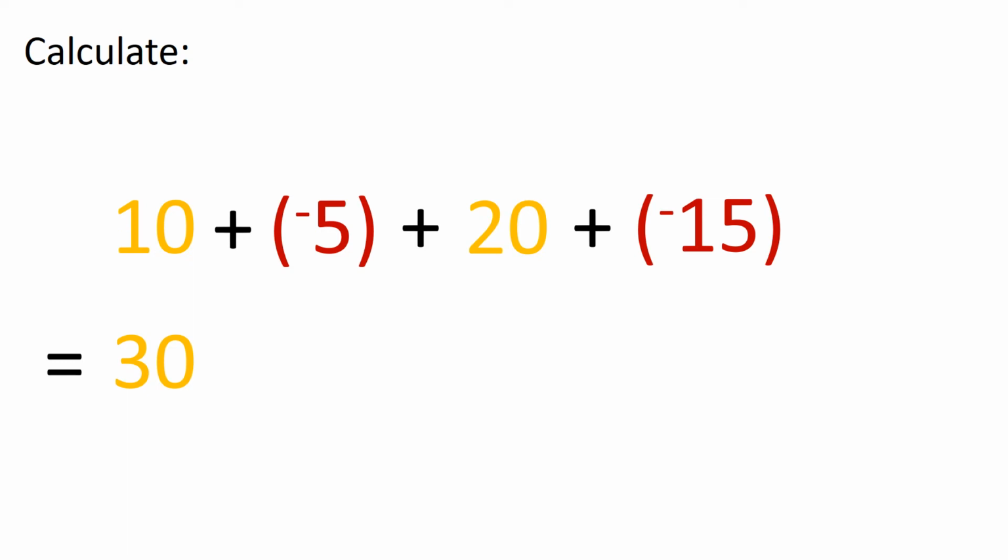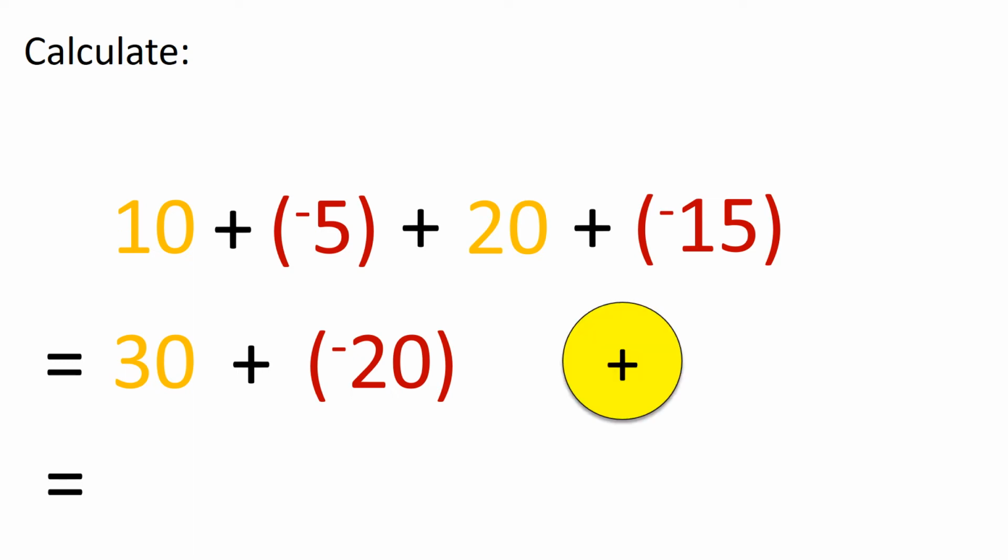If we added those negative numbers together, we would have negative 20. We'd have 20 of those reds. If we then complete the calculation, 30 positives, 20 negatives, that indicates we're going to have 20 zero pairs and we have positive 10 left.